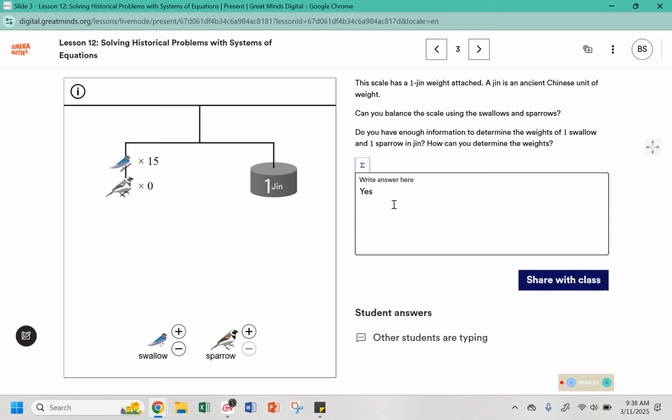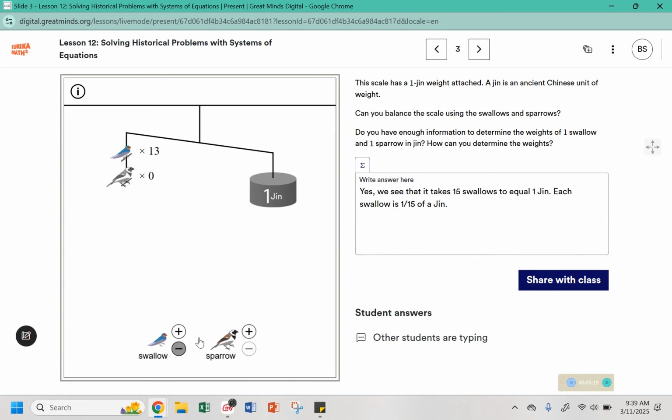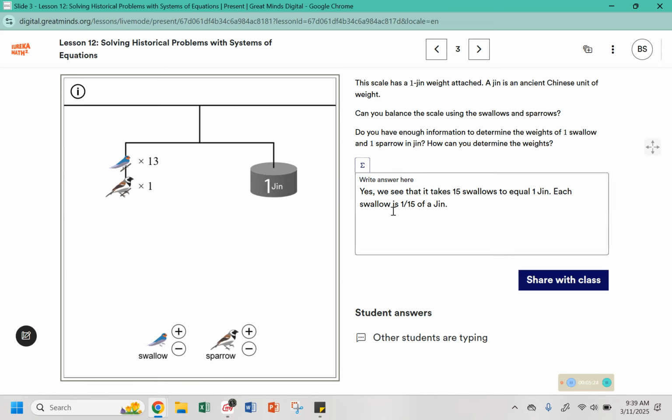Do you have enough information to determine the weight of 1 swallow and 1 sparrow in jin? Well, yes. We see that it takes 15 swallows to equal 1 jin. So that means that each swallow is 1/15 of a jin. We also know that the sparrows can take the place of 2 swallows.